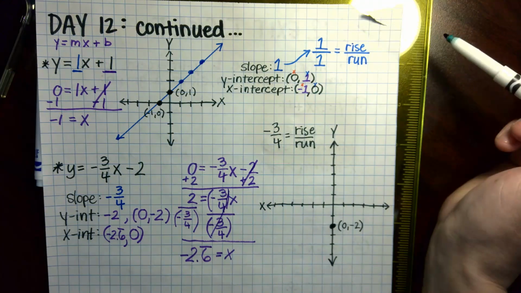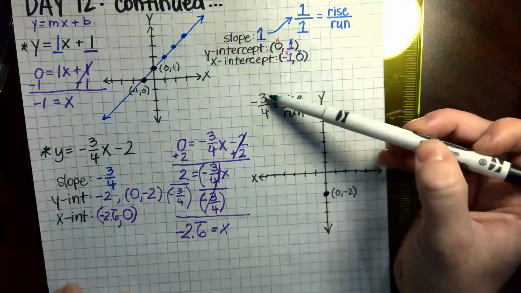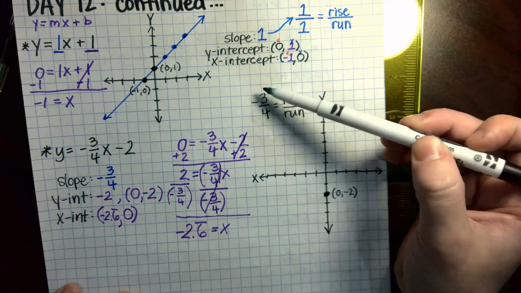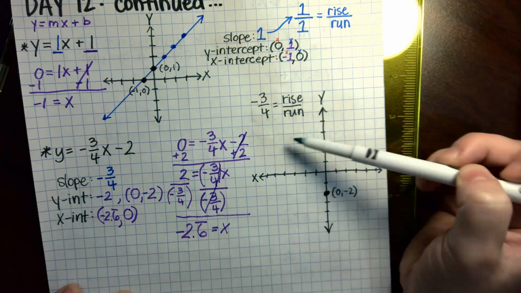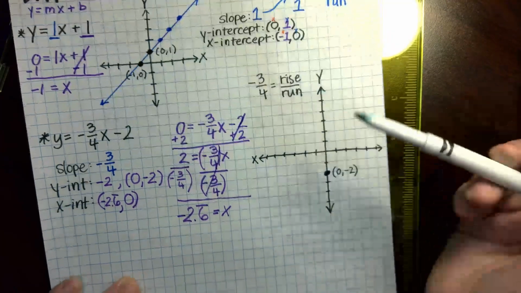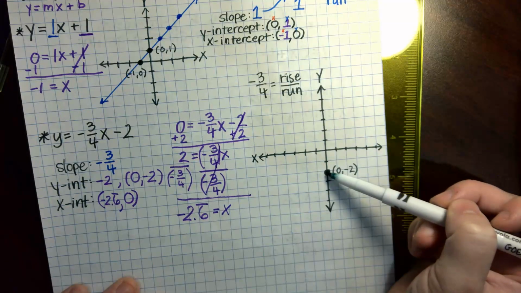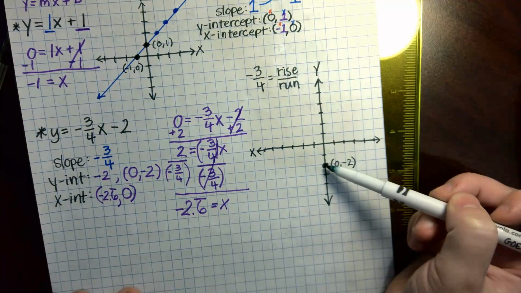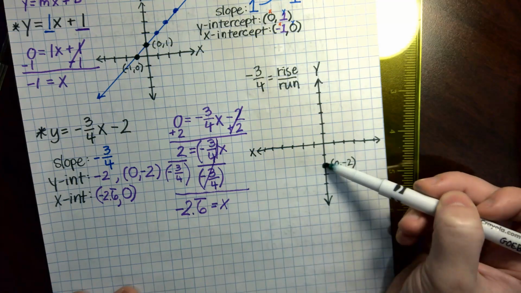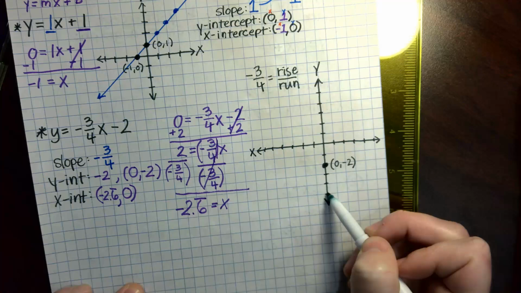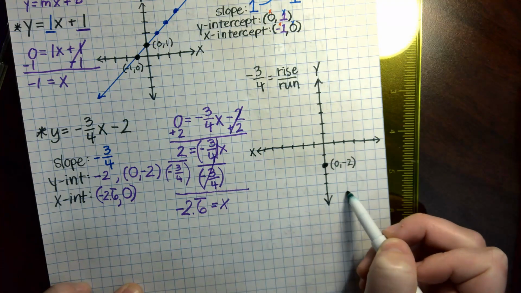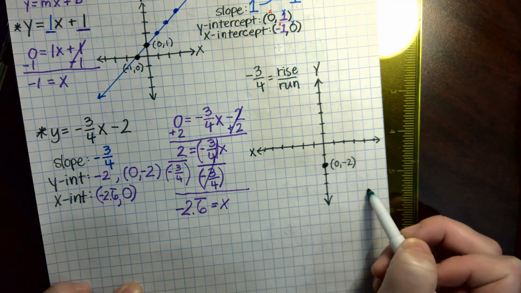Since we have a negative number this time, we're going to go down 3 over 4. So let's start with our y-intercept here, and we're going to count our points down and over. We'll go 1, 2, 3, and then our run is 4. So 1, 2, 3, 4.